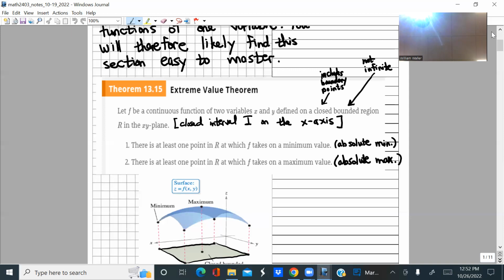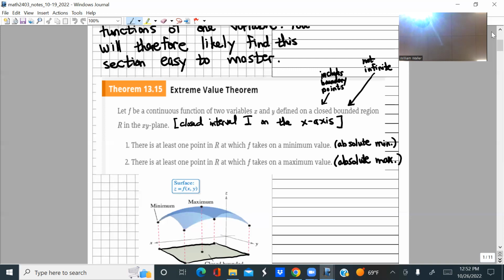Now, when I say maximum, I mean that's a point that's at least as high as any of the points close to it, right? Any of the points around. Minimum means that's a point that is at least as low. None of the points close to it are lower.